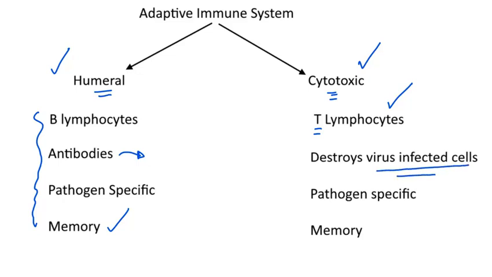Now, this is a curious idea: where an animal cell is infected with a virus, so the virus has come up to the host cell and injected its DNA or RNA, the cytotoxic response is for the T cells to actually destroy this entire structure. And in doing so, they destroy the viral DNA or RNA, and we go into recovery. Once more, this is very pathogen specific and has memory.